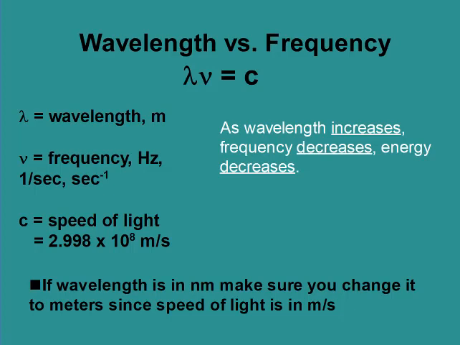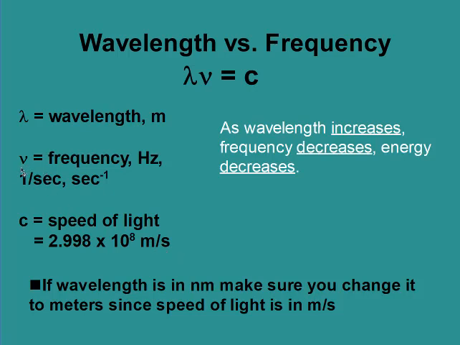The majority of this video is focusing on wavelength, frequency, and energy and the relationships between them. So wavelength and frequency are related in this formula. Wavelength is represented with lambda, and it's going to be in meters. So if wavelength isn't in nanometers or centimeters or anything but meters, you're going to have to convert it because our c, or speed of light, is meters per second.